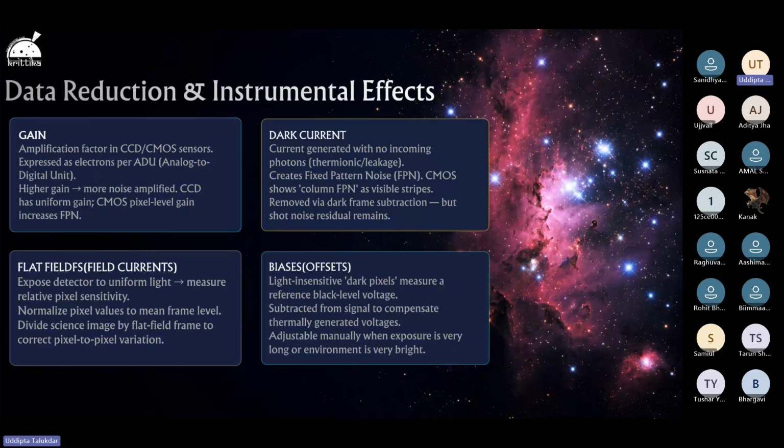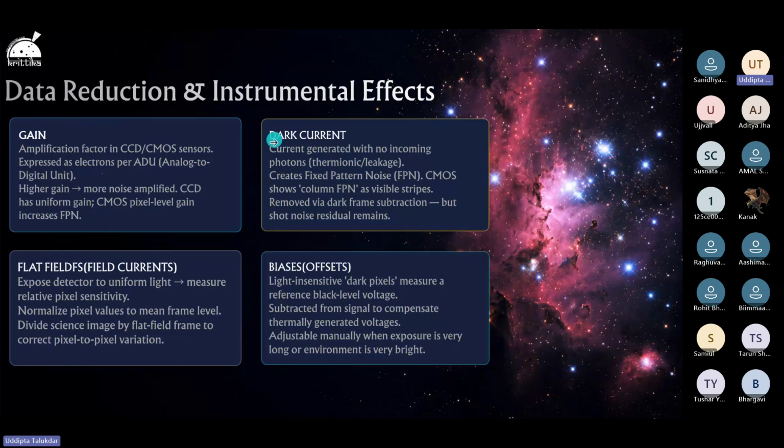So there is individual gain per pixel here as well, which introduces something called FPN, or fixed pattern noise. It is a structured, repeatable pattern of brighter and darker pixels. So fundamentally, higher gain is not better. It's basically a trade-off between sensitivity and noise.